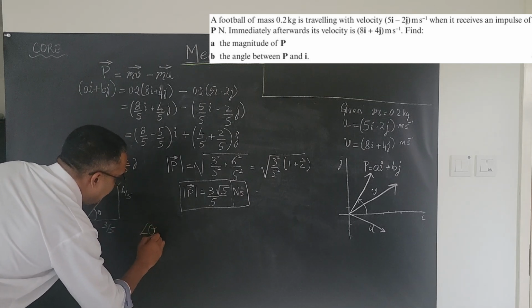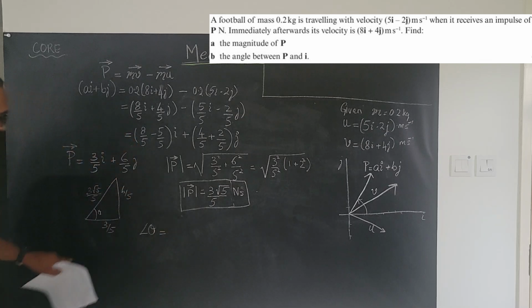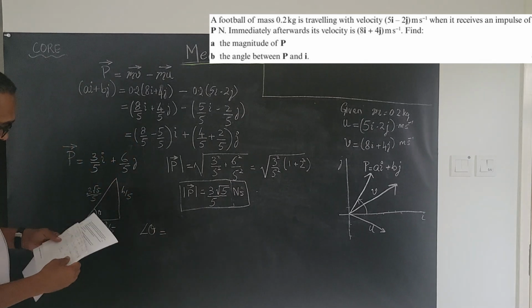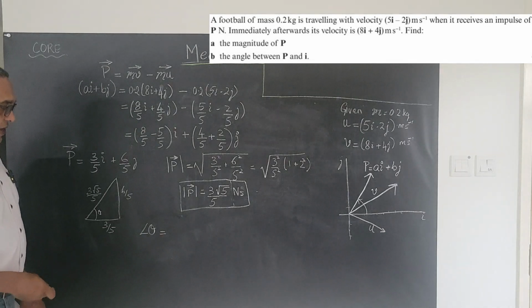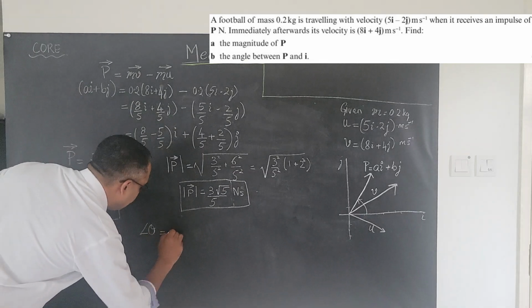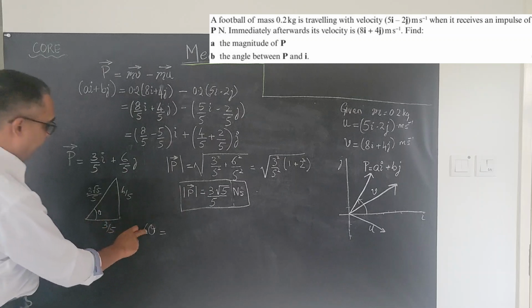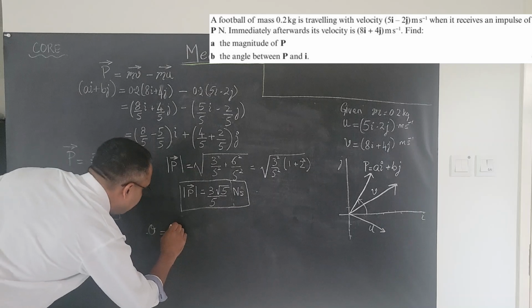Angle theta is equal to, and here you can do sine, you can do tangent, you can pick one of them, use your calculator and do the trigonometry. You can just work this out. I might just do tangent of theta.